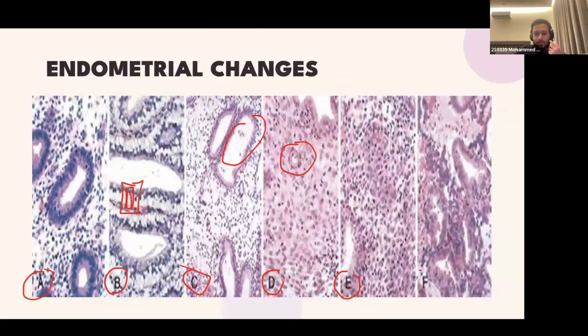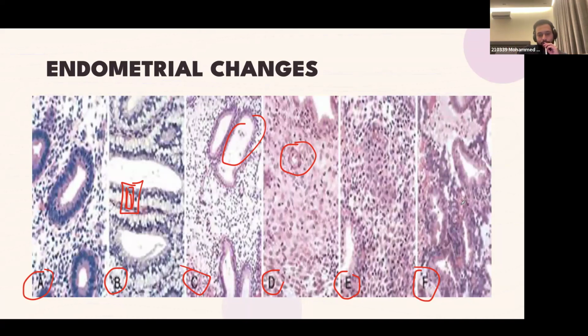And then F, what's happening in F? Very necrotic, ischemic, menses. Good. Recognize these images, you might get this in OSPE, okay? It'll have 5 of these images and you pick which one, for example, in the question, which one is for proliferative, and you pick picture A, okay?